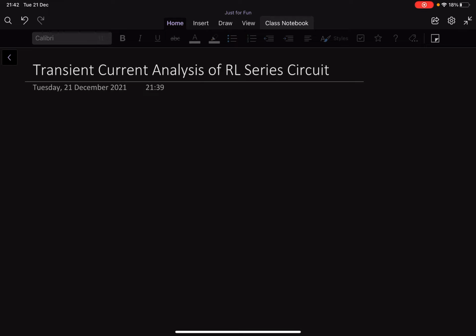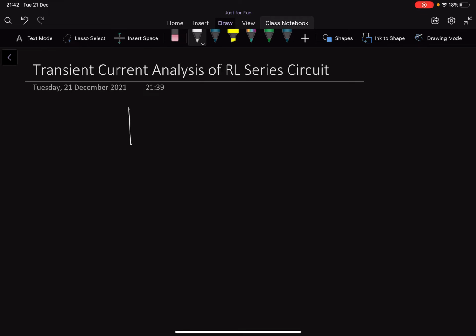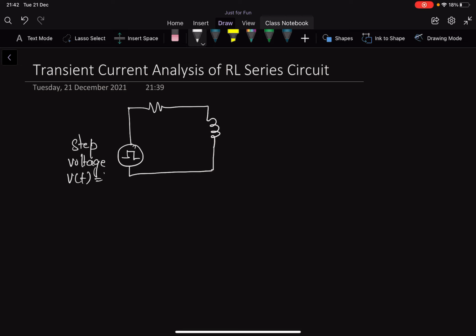So this is an RLC series circuit. Let's draw the circuit. The circuit has a resistor and an inductor, and let's apply a step voltage, V(t) equals V naught.